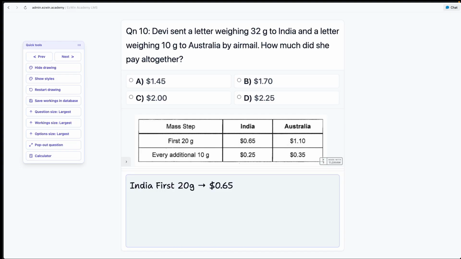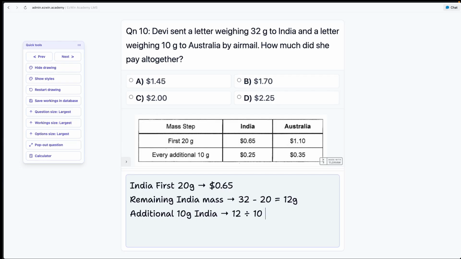So that means the remaining India weight or mass in this case would then be 32 minus 20, which is 12 grams. So with this additional 10 grams, India is equal to the remaining 12 grams divided by 10.